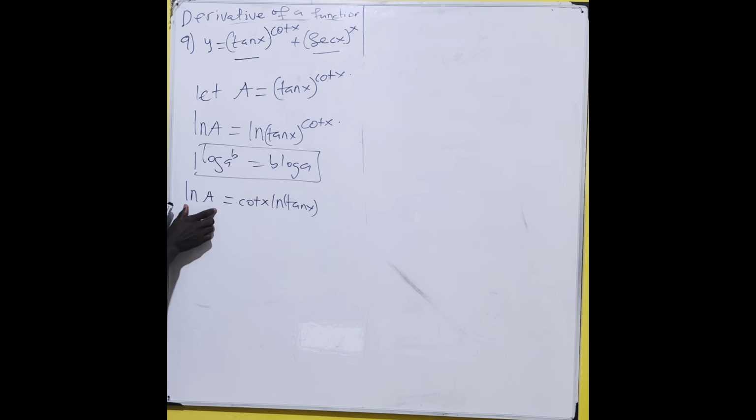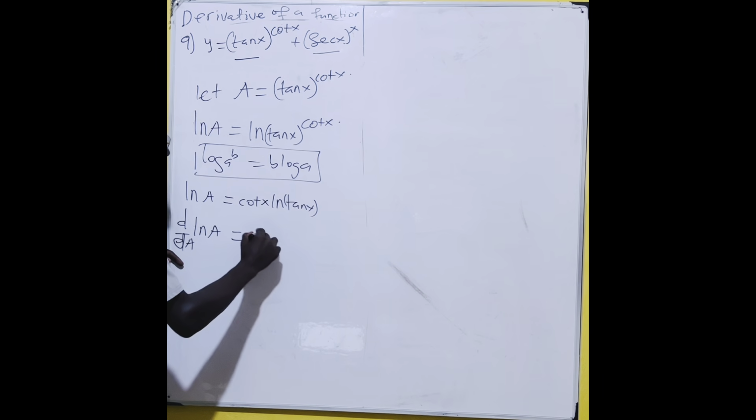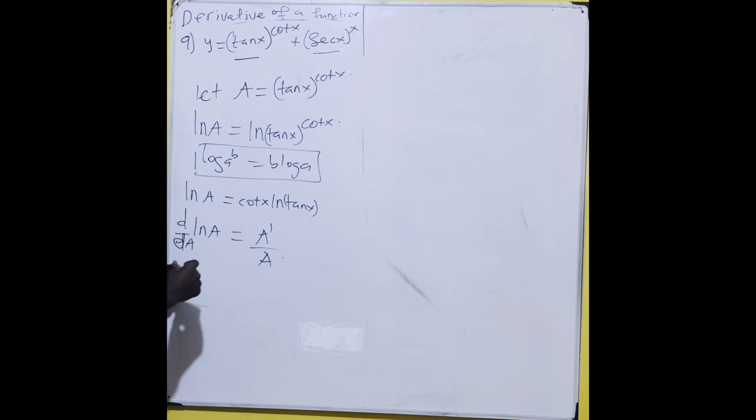Let's do this first, then we come to this. So derivative of ln A with respect to A will be equal to A prime over A, right? So we have this done. Let's come to this.